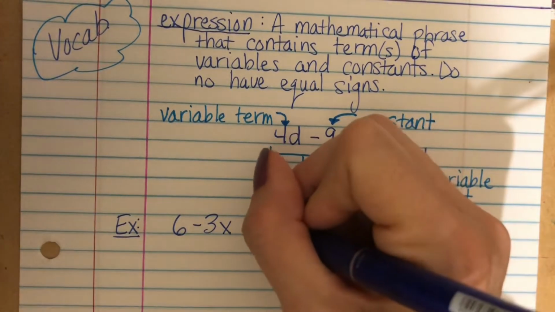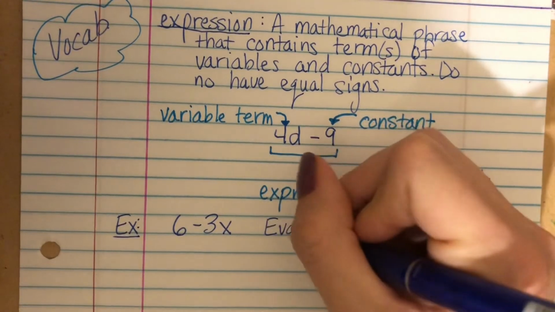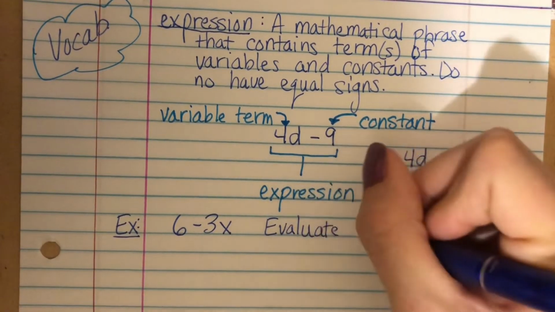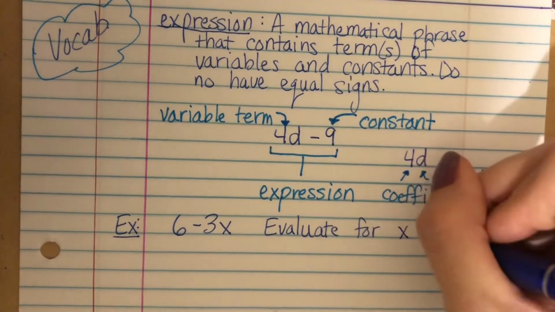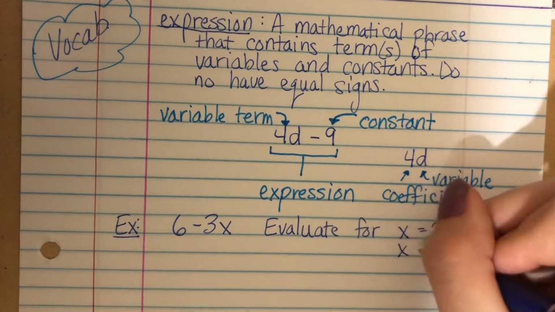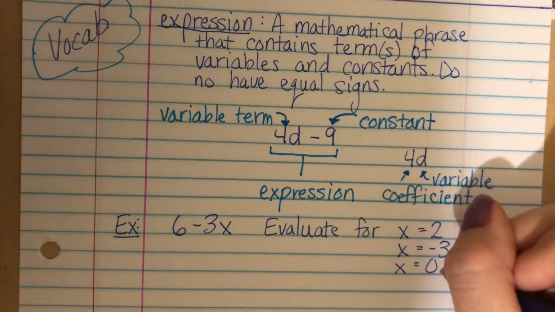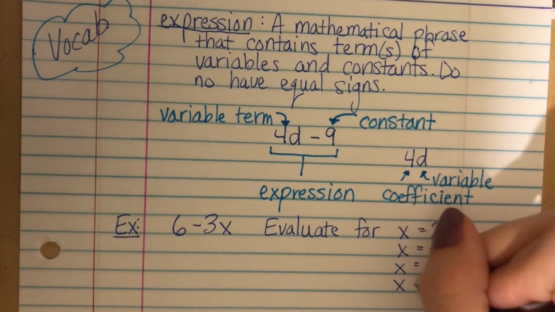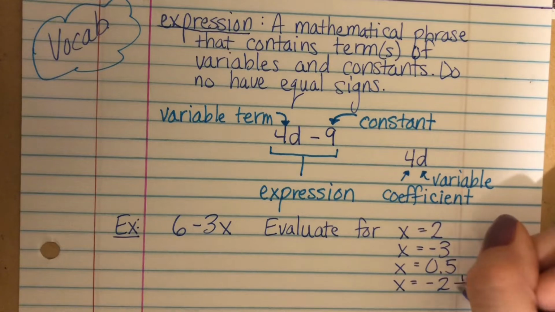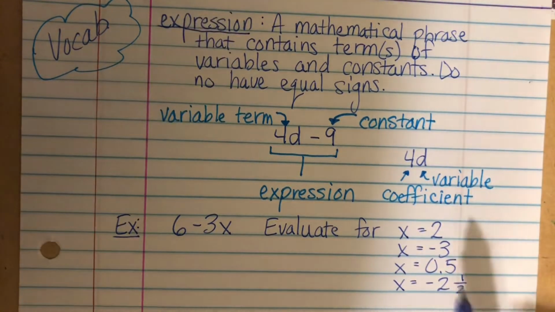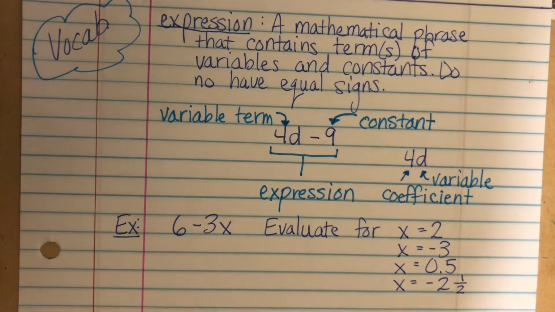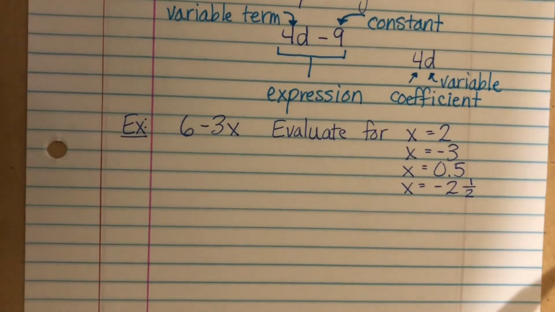Okay, and we're going to evaluate for x is equal to 2, x is equal to negative 3, x is equal to 0.5, and x is equal to negative 2.5. Okay, so we're going to substitute all 4 of those things in to see what we get. Now sometimes you'll hear me refer to it as plugging in, kind of like a plug. You stick it in the equation or the expression. So let's see how we do this.